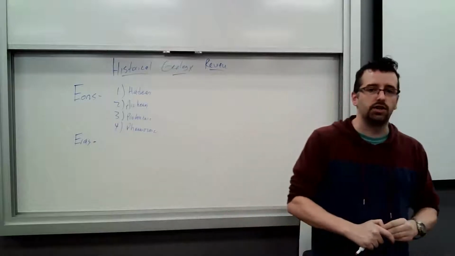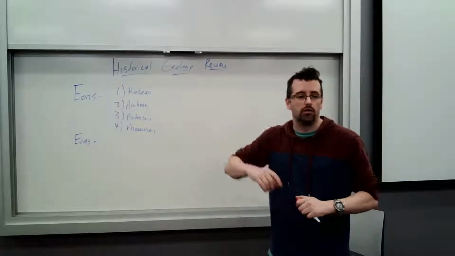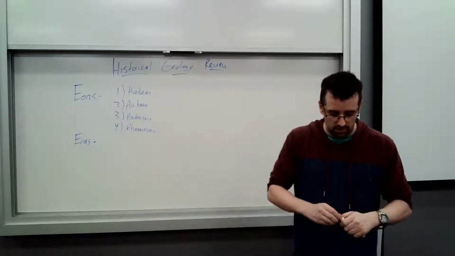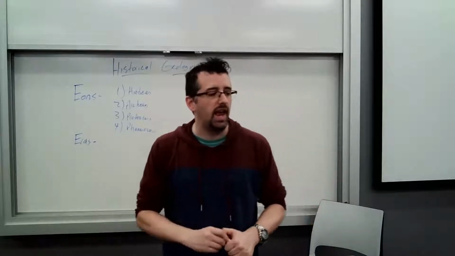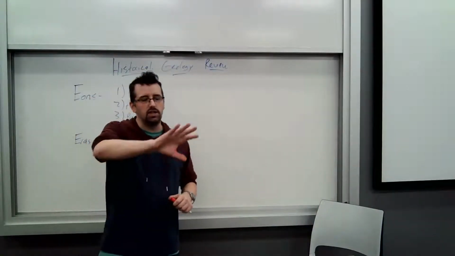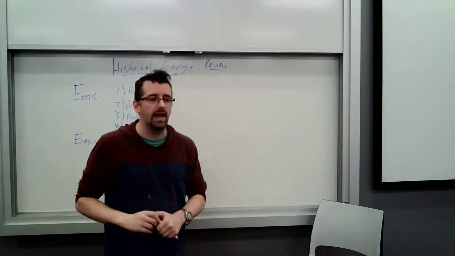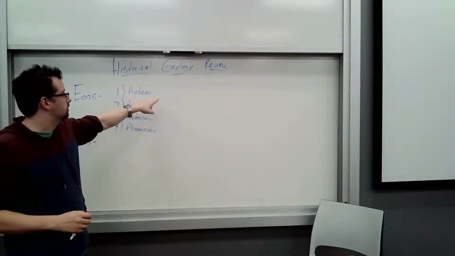And the second question on the test is going to be for you to give me one detail about these. And we're going to go over this right here. So, would anybody like to give me something, maybe a word to use for the Hadean? So the Hadean eon, right?